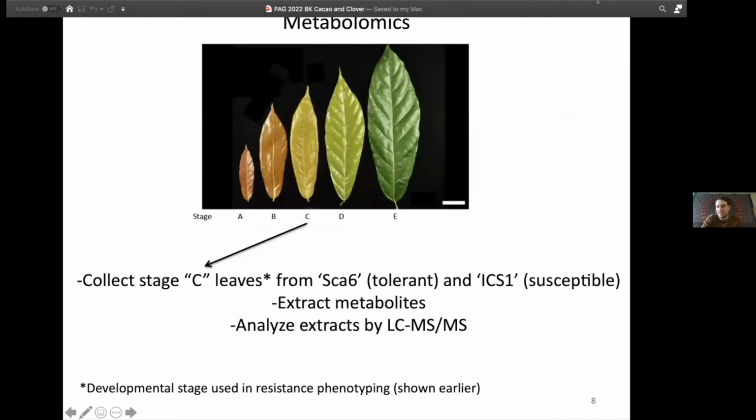To address this, I did some metabolomics using liquid chromatography and tandem mass spectrometry, or LC-MS-MS. Since that disease resistance phenotyping data was done with the stage C leaves, this intermediate developmental stage, I stuck with that stage for my first comparison.